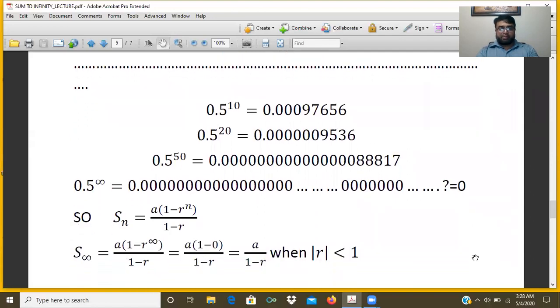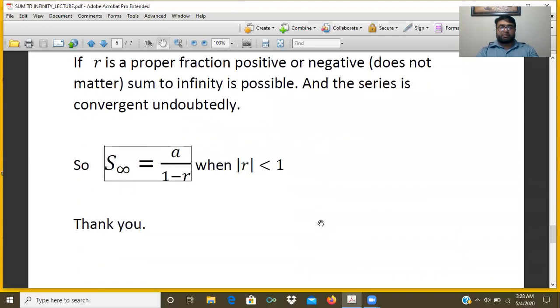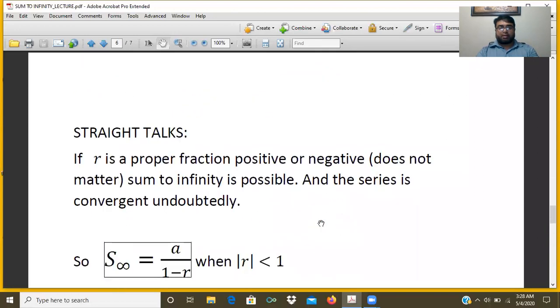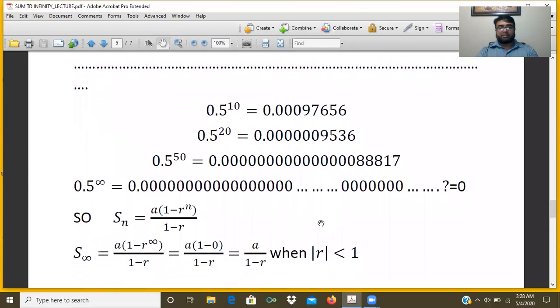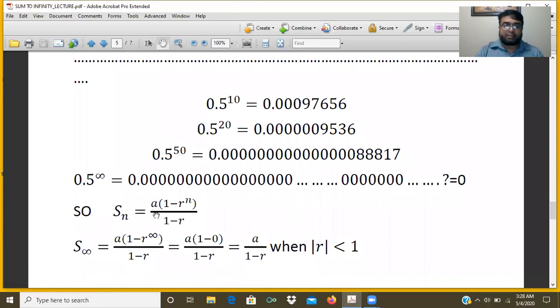So when R is less than 1, obviously the formula is Sn equals A into (1 minus R to the power n) by (1 minus R), because this formula is chosen when R is simply less than 1. Now if it is a convergent series, R is obviously a proper fraction, like 0.5, 0.2, 0.1, any kind of value.